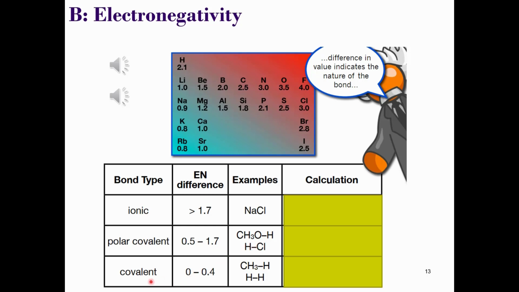Finally, in row 3, you'll see that non-polar bonds are ones that have electronegativity differences of anywhere between 0, i.e. the atoms are the same, and up to 0.4. Now, there isn't enough of an electronegativity difference between these two atoms in order to have a polar bond.